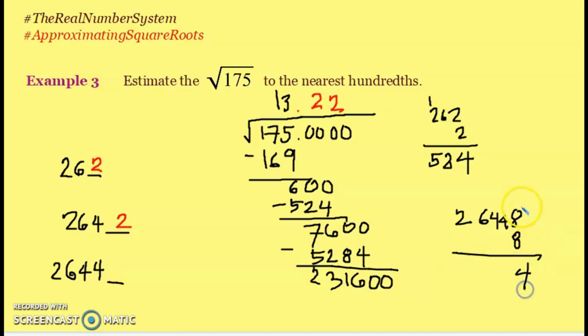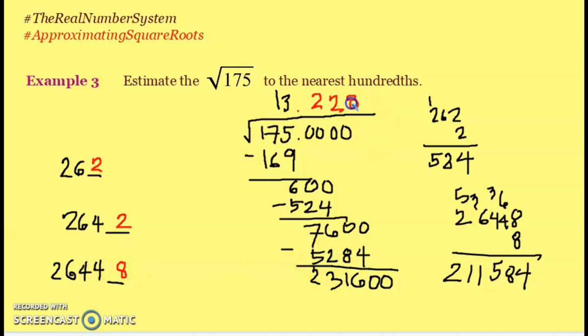We have 4, 6, 9. 8 times 4 is 32 plus 6 is 38. 8 times 4 is 32 plus 3 is 35. 8 times 6 is 48 plus 3 is 51. And 8 times 2 is 16 plus 5 is 21. So we have 211,584. Pasok siya dyan. Therefore, our last digit is 8.